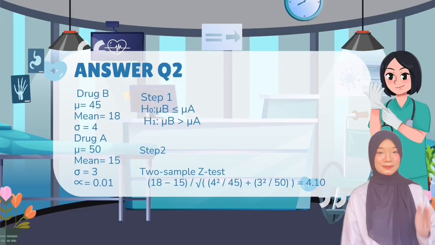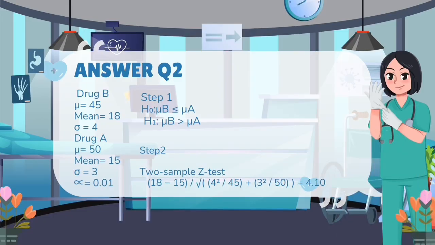The formula for the Z-score is the difference between the sample means divided by the standard error.